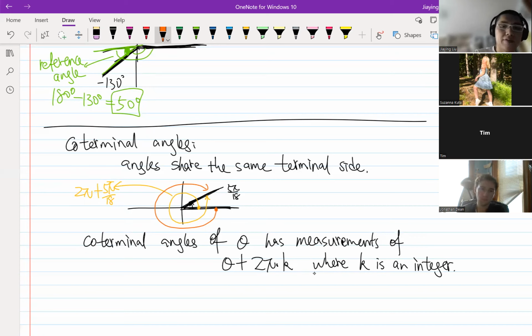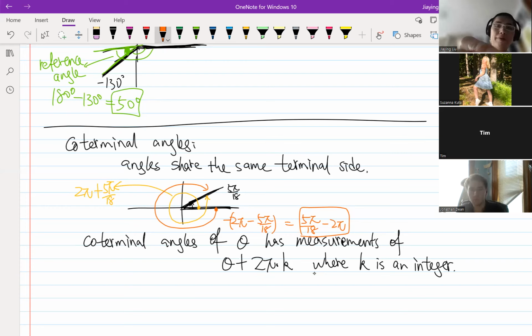So that's negative 2 pi minus 5 pi over 18. So let me write down, that's the same thing as 5 pi over 18 minus 2 pi. The magnitude of the angle is the difference between 2 pi and 5 pi over 18.